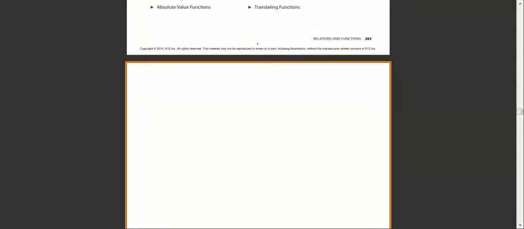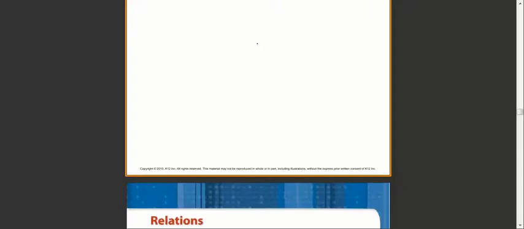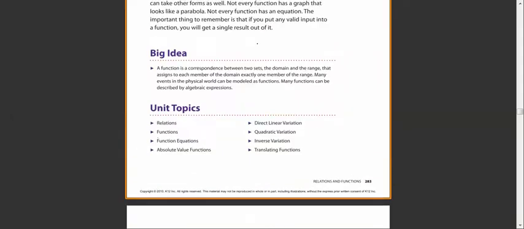For this week in Unit 8, we'll talk about relations, as you were able to see in the previous page here. We'll talk about functions. We'll get into the details, dealing with function equations.